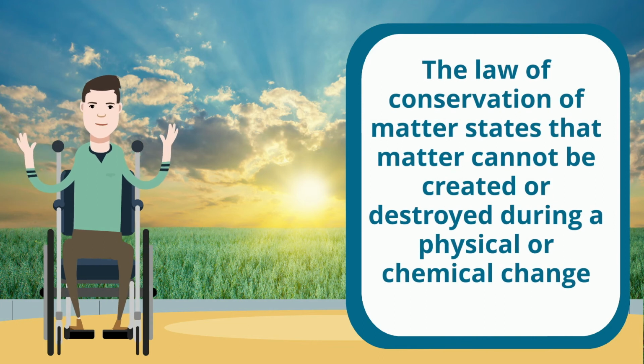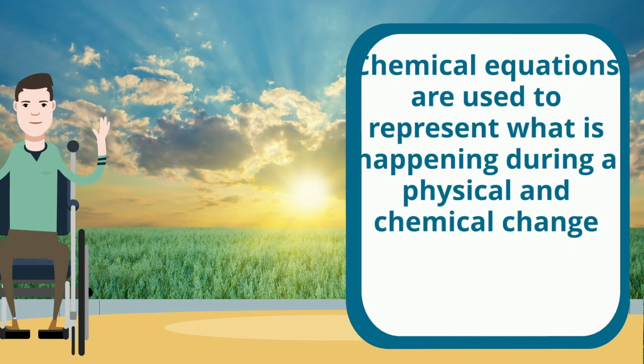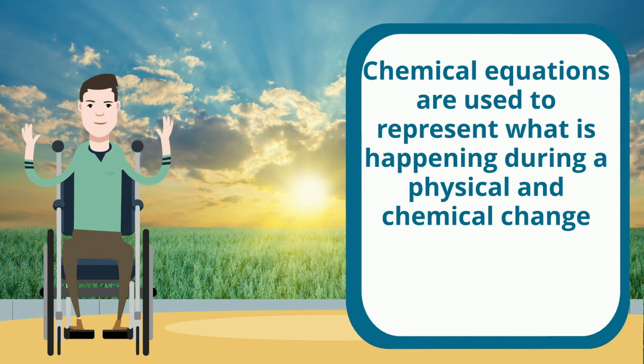The law of conservation of matter states that matter cannot be created or destroyed during a physical or chemical change. Chemical equations are used to represent what is happening during a physical and chemical change.